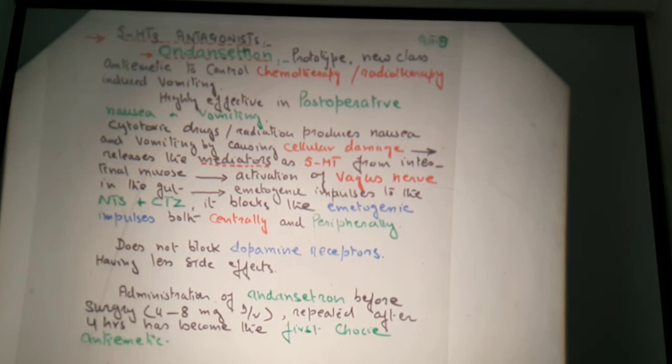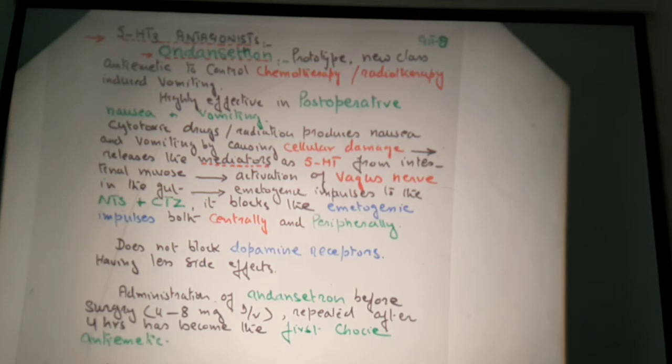So due to this cellular damage, there is release of the mediator 5-hydroxytryptamine from the intestinal mucosa, which activates the vagus nerve in the gut. When the vagus nerve in the gut is activated, it causes emetogenic impulses.